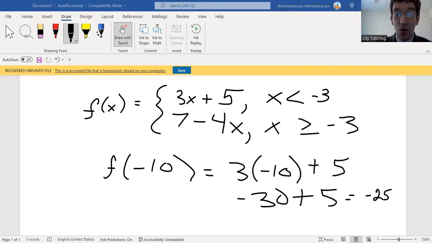Another approach, let's do one where you don't have real numbers. So let's do f of z.